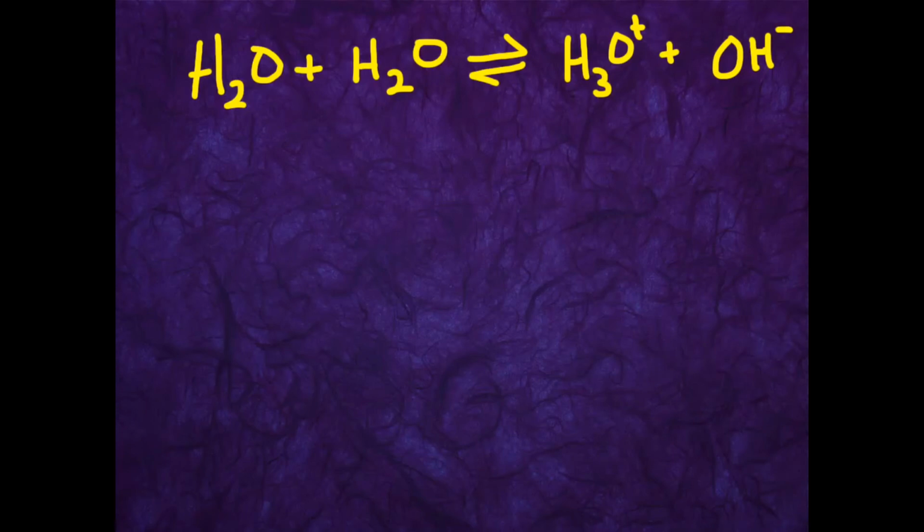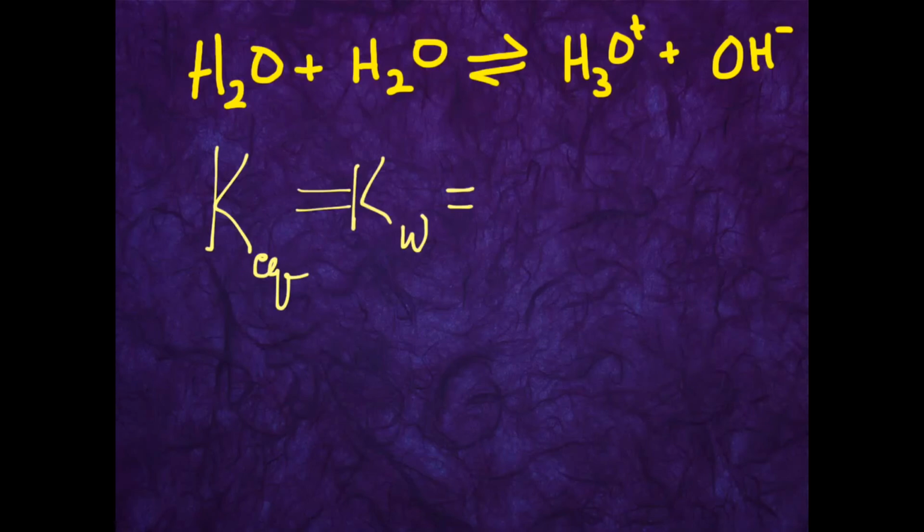So, once we have our dissociation equation out there, we notice that it is an equilibrium reaction. And so with every equilibrium reaction, we can have an equilibrium constant. And our equilibrium constant in this case is known as Kw because it is the equilibrium constant for water.